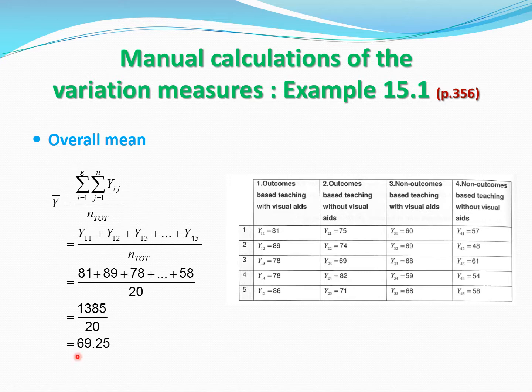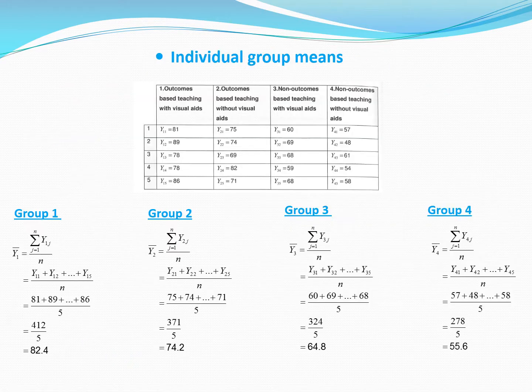So our overall mean for the study will be 69.25. Next, we calculate our individual group means. So the mean for each and every group. So for group 1, you will add all 5 elements in that group and you divide by 5 since the total number of observations in that group will be 5.